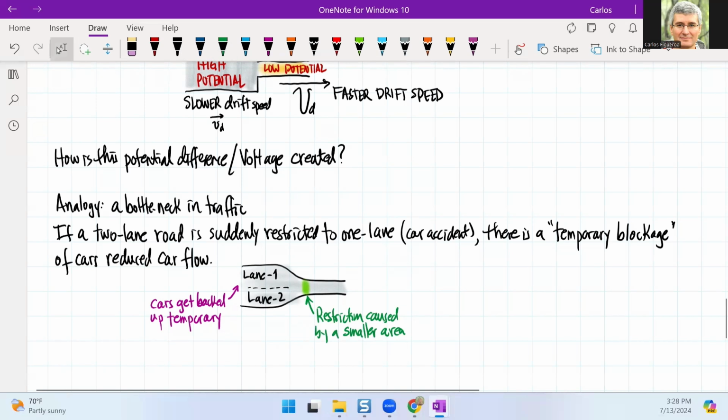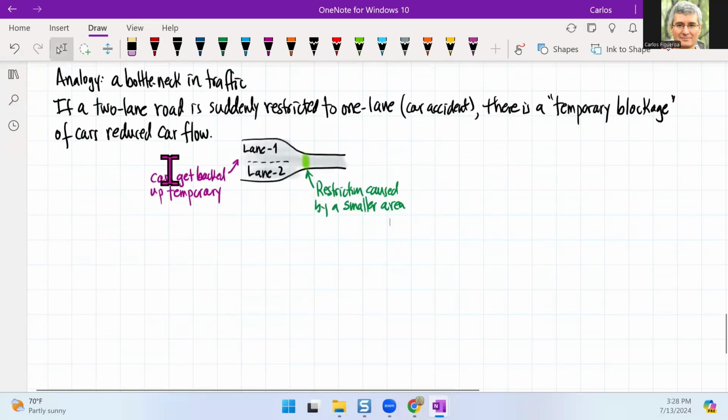So what happens with the electrical resistors? Effectively the same thing.